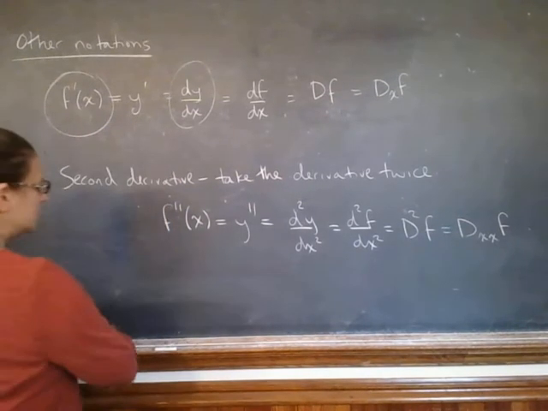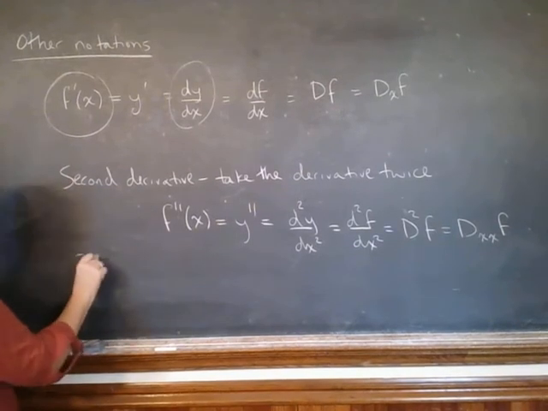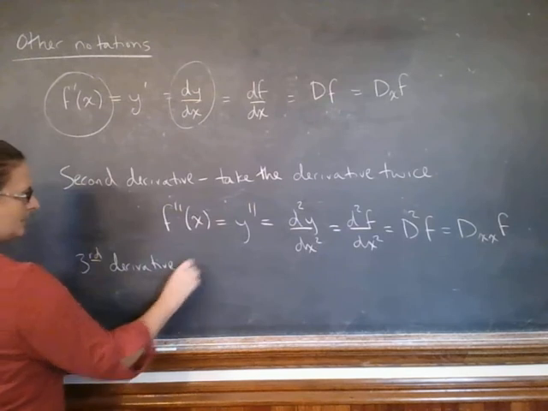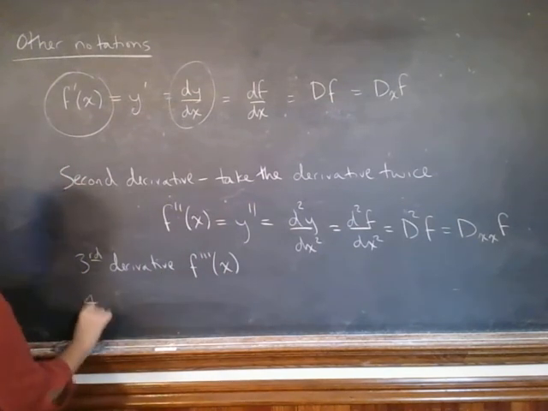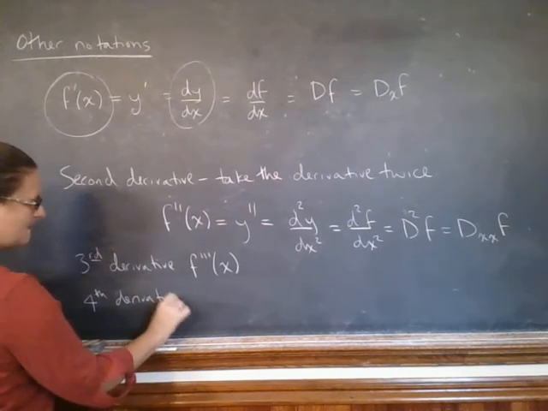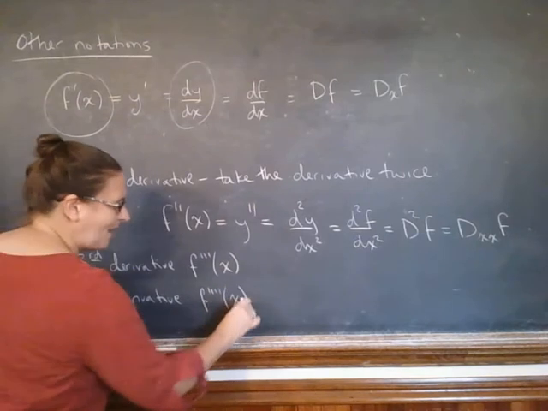Now, of course, third derivative, then you have 3 primes. Fourth derivative, you have 4 primes. This is getting onerous with the primes at this point.